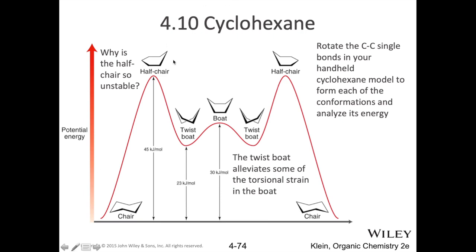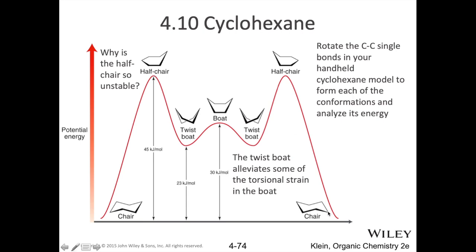For example, as you take this part that's bending down over here and start to bend it upwards, you're trying to get it to that boat conformation. In between, you get this half chair conformation. Notice that all of these carbons are in the same plane, right? So there's going to be some torsional strain there as well as some ring strain in those bond angles. That's why this is such a high energy conformation.